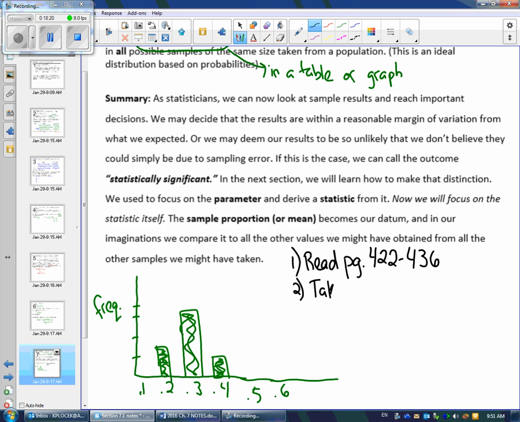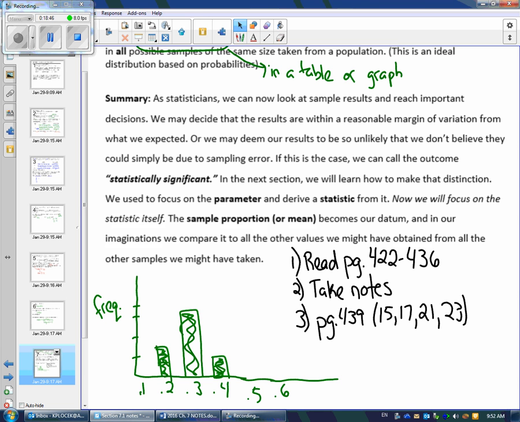Do old-fashioned outline form. Take notes on what you read. And you can also start looking at these 4 problems out of the book. Page 439, 15, 17, 21, and 23. I will post the agenda on Edmodo along with these notes so that you have them to fill in.